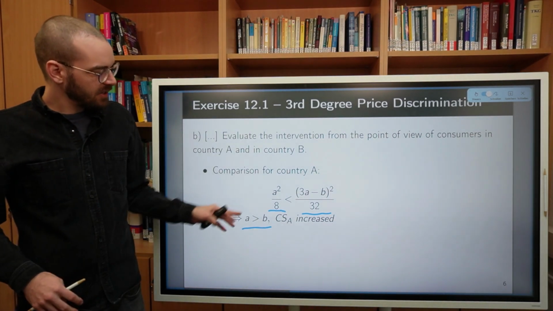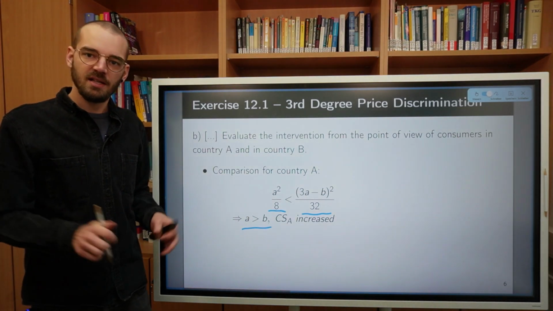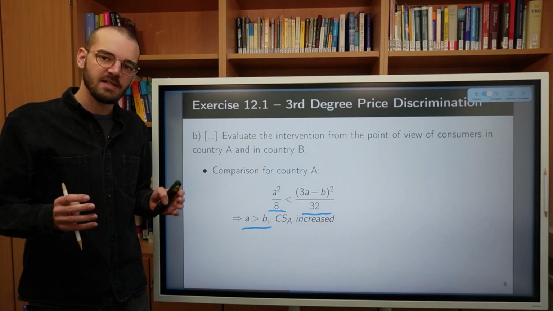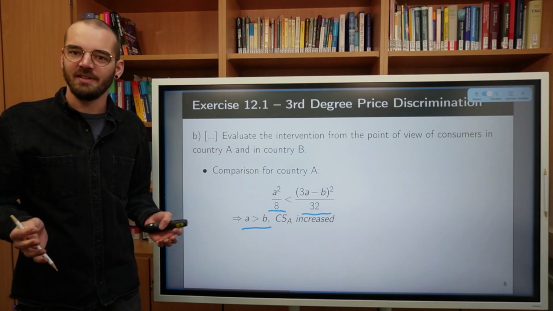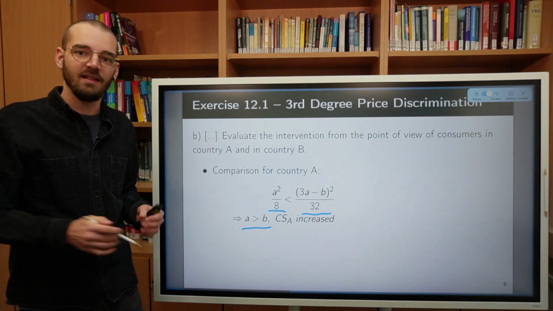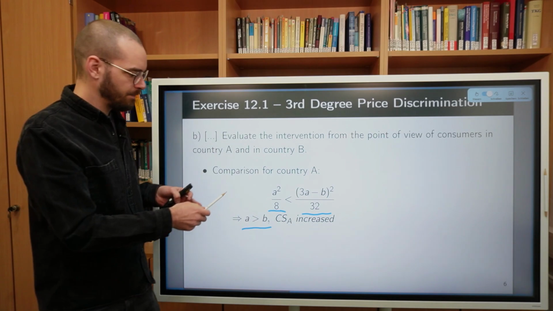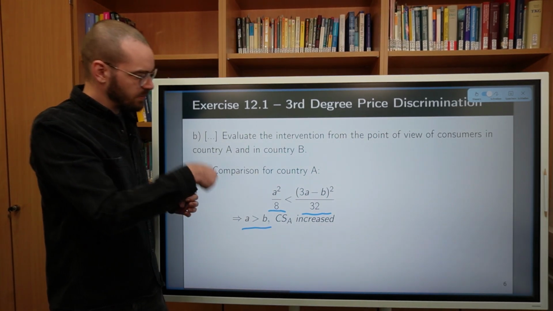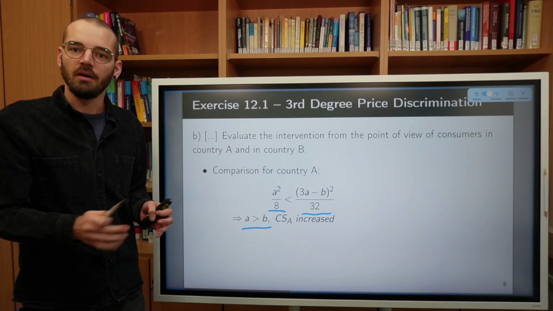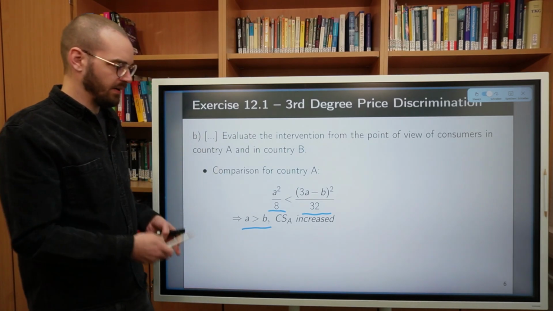This might not be obvious simply by looking at this inequality, and I would suggest that you rearrange this expression until you find a simplified version where A is on one hand side, B is on the other hand side, and then you will see that this expression down here holds, so that consumer surplus is bigger without price discrimination as long as A is bigger than B.